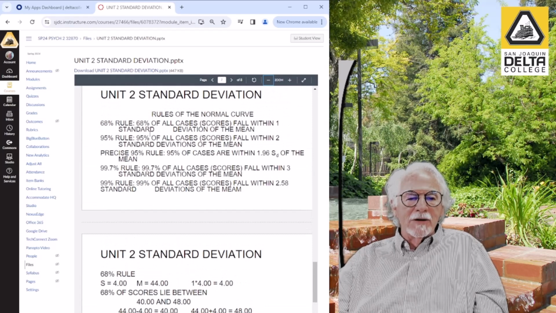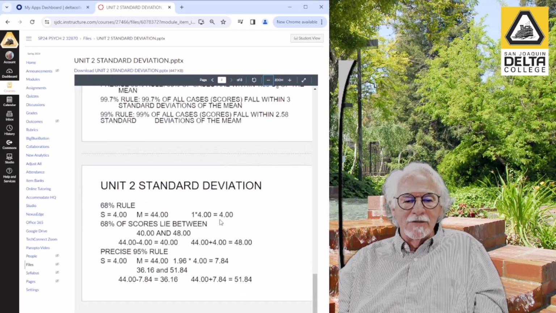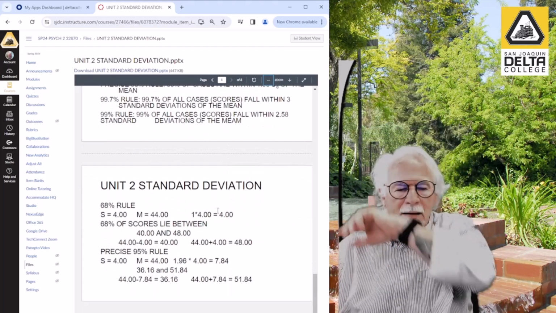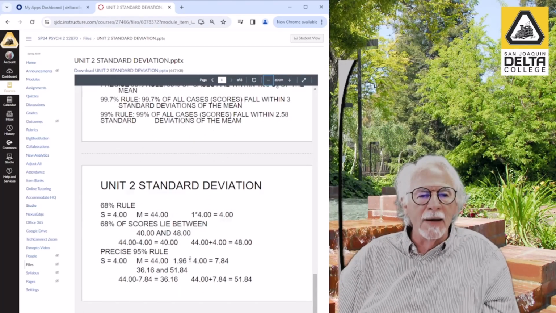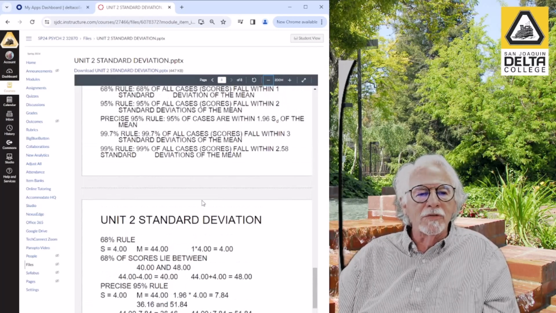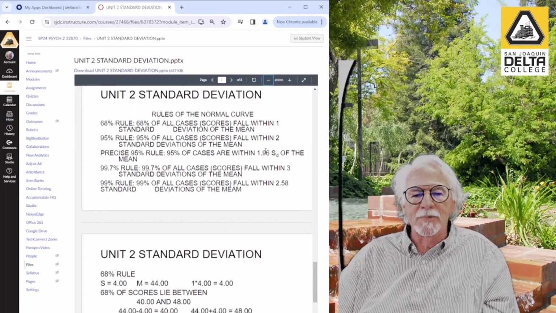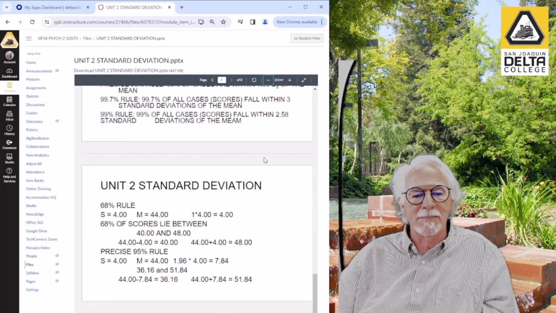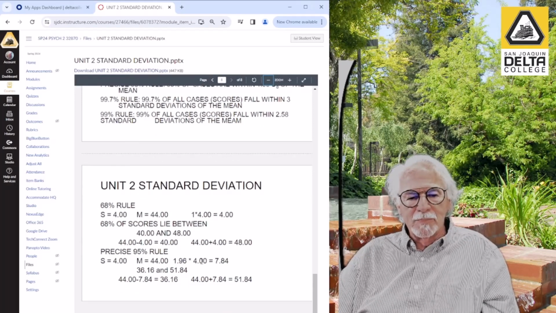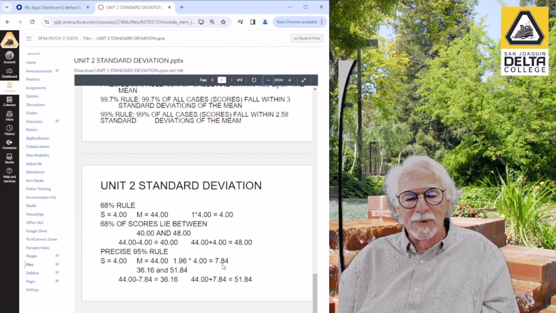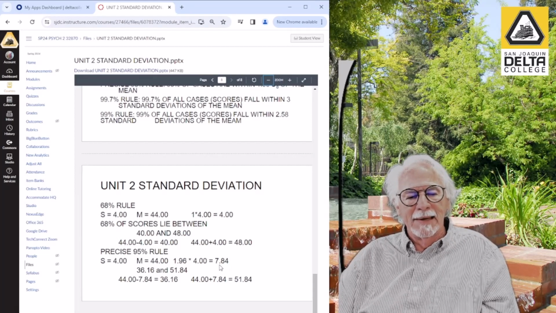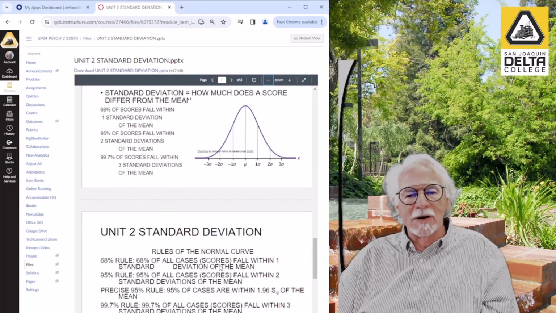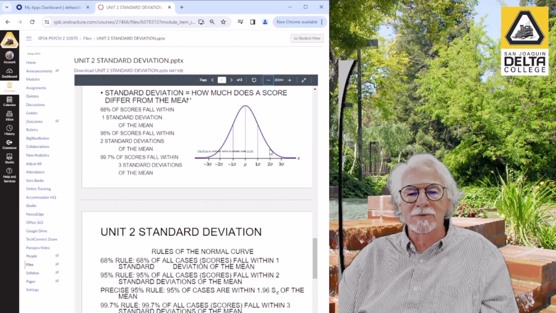For the general rule, I would just multiply by 2 standard deviations, but for the precise rule, I multiply by 1.96. So when I multiply 4 by 1.96, I get 7.84. Going back to the drawing, 1.96 is just a hair below 2.